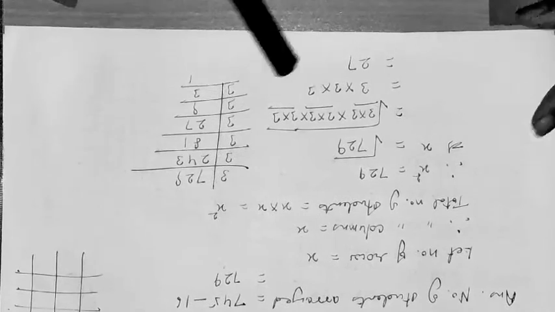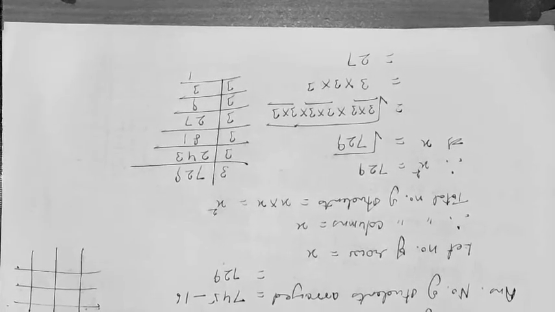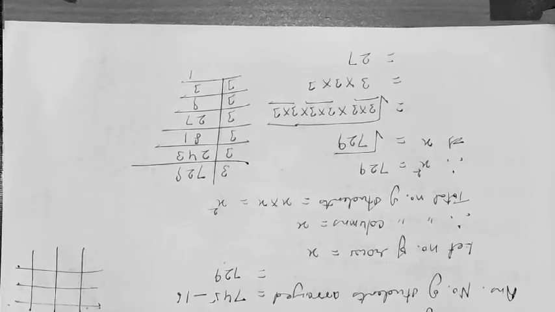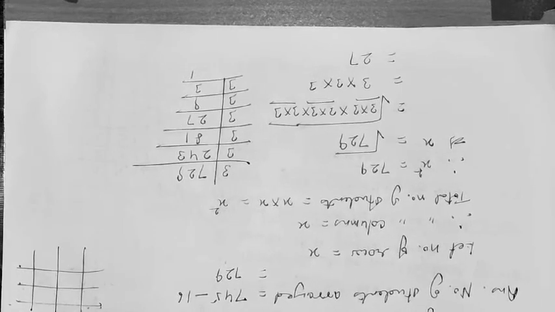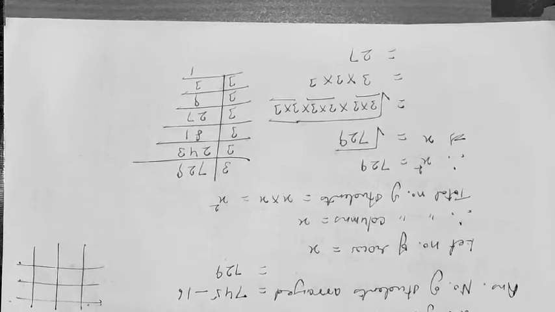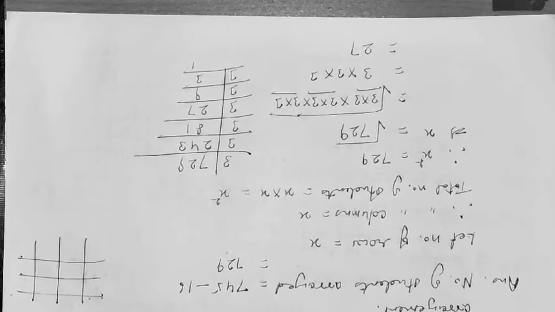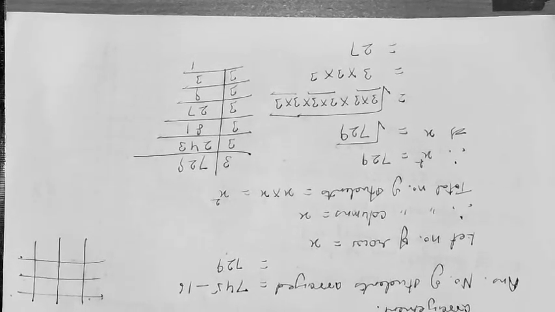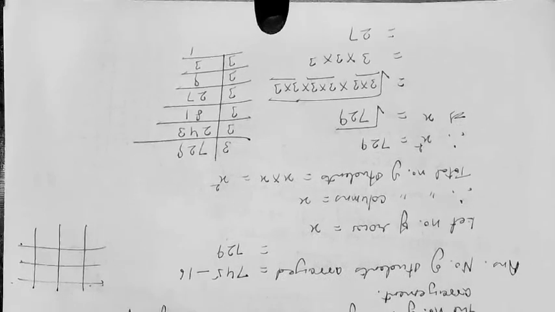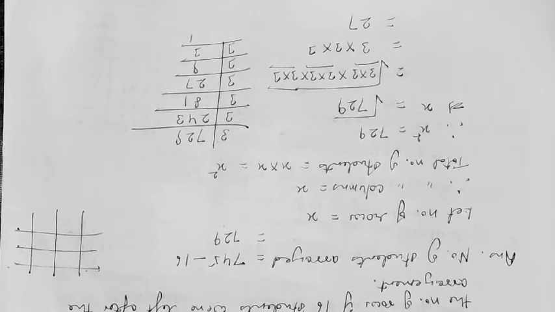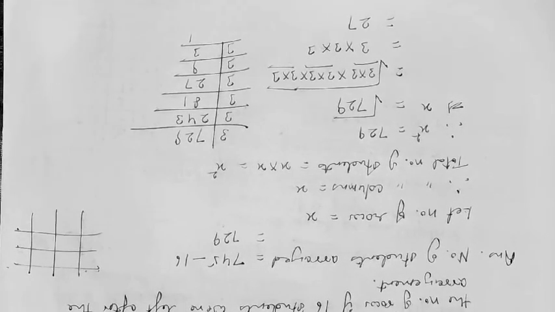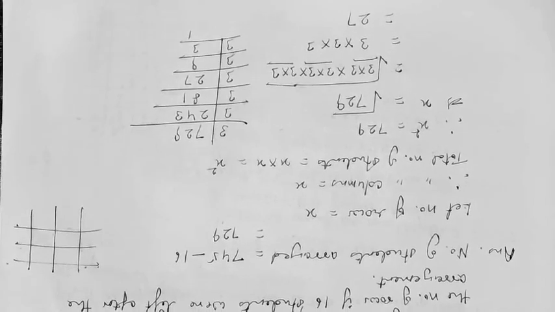We have seen that the factors of 729 are 3 into 3 into 3 into 3 into 3 into 3. So we have made the pairs, and from each pair we have taken one 3 out. So 3 into 3 into 3, 27 is the correct answer. So this is how we will solve the word problems based on the prime factorization method.